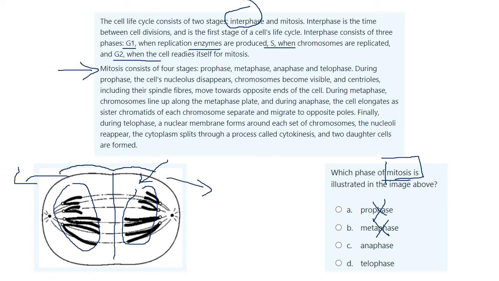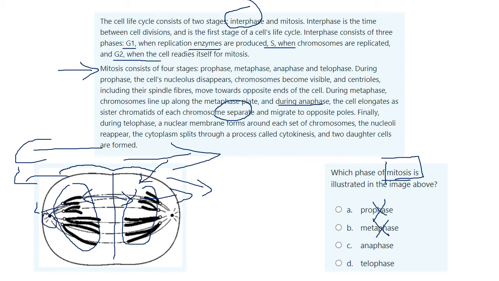During anaphase, the next one, the cell elongates. It gets wider or longer. So that seems to be happening. As the sister chromatids of each chromosome separate, we can see they are separated and they migrate to opposite poles, to opposite sides.